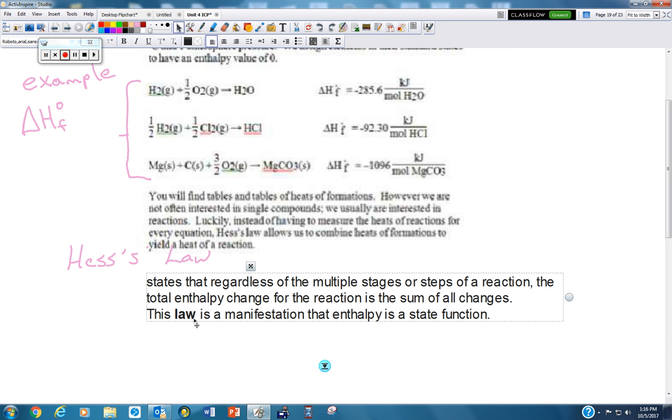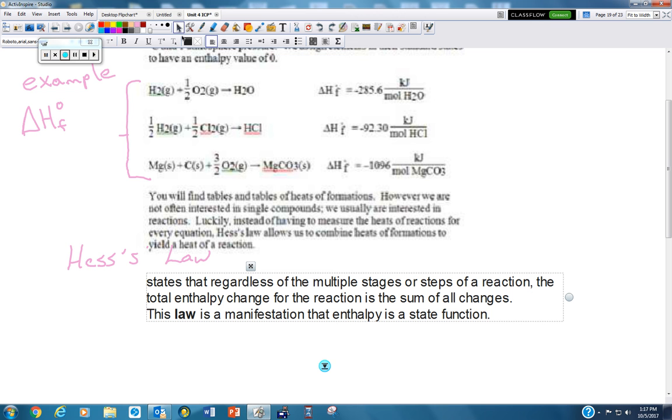We're going to start looking at what I put in the notes the other day as the flippy thing. This directly relates to Hess's law. Hess's law states that regardless of the multiple stages or steps of a reaction, the total enthalpy change for the reaction is the sum of all the changes.